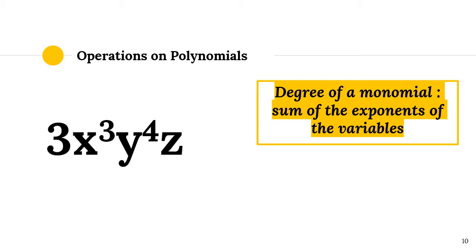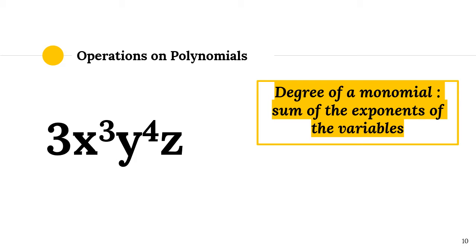Now, in the future, we would need to use the degree of a polynomial as a basis for other operations that we want to do with expressions containing monomials. So, how do you identify the degree of a monomial? The degree of a monomial is simply the sum of the exponents of the variables.